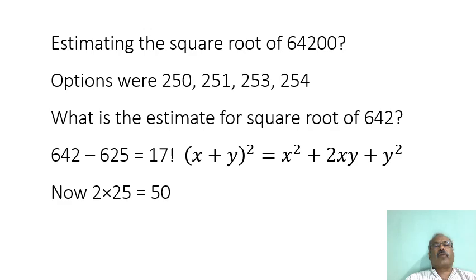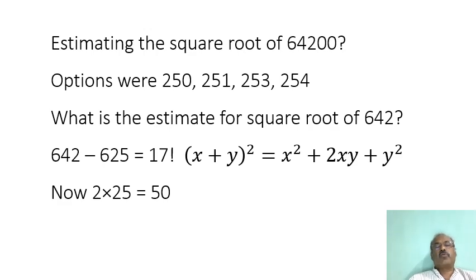Let us estimate the square root of 64,200. The given options were 250, 251, 253, and 254. Now 64,200 is 642 multiplied by 100. We know that square root of 100 is 10. So we need to focus on the estimate for square root of 642. 25 square is 625. 642 minus 625 is 17.